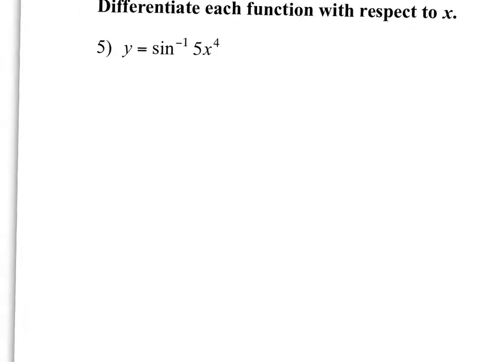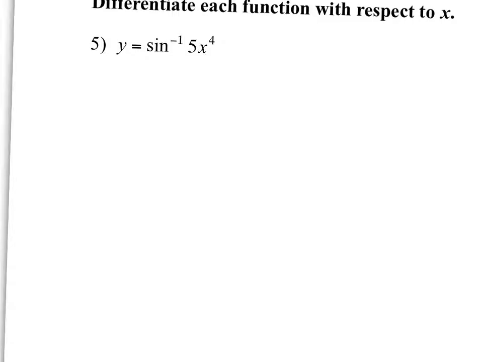And the way that we did this was by setting up some triangles and trying to figure some things out. The first step was always to try to rewrite this not in terms of an inverse trig thing, but a normal trig thing. So that's going to be sine of y is equal to 5x to the 4th. I like doing the calculus-y stuff first and then doing the picture, but if you'd like to do the picture first, that's fine.